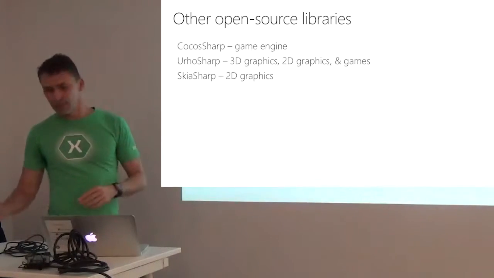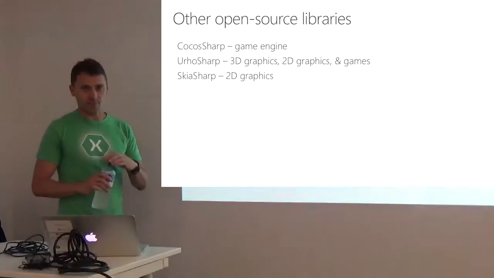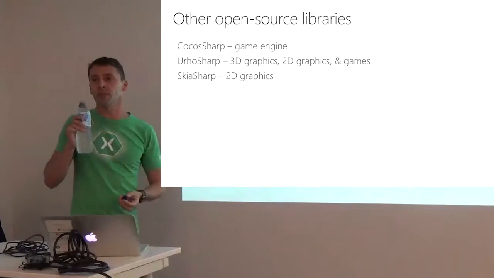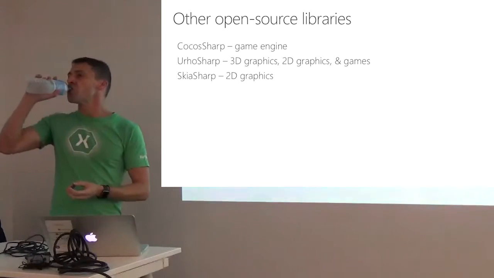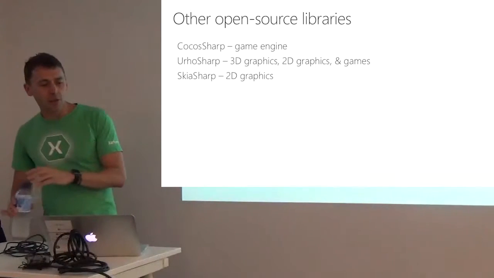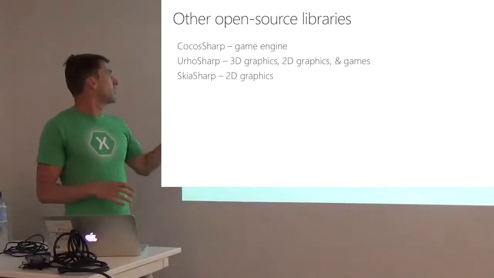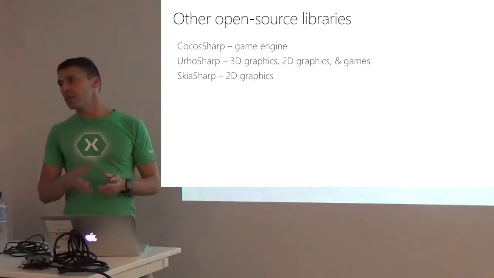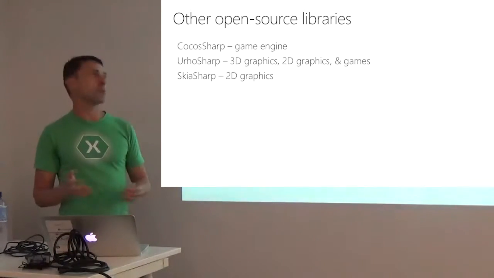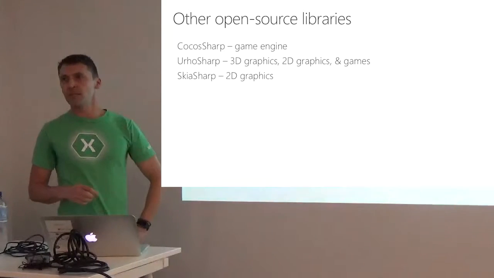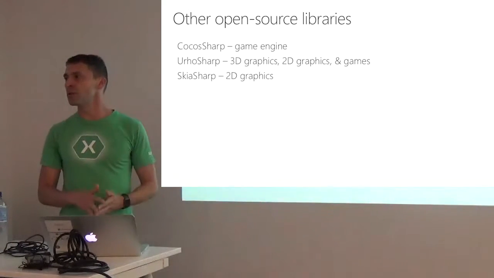And SkiaSharp is literally like a week old. And it's a cross-platform 2D graphics library from Google. And so now you've got a much richer than System.Drawing set of APIs to build 2D graphics that, again, you can share across all of the platforms. Now, Windows for that is coming. There's some build issues with it at the moment.